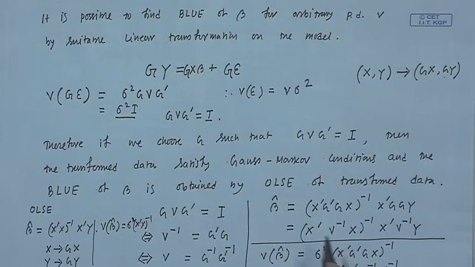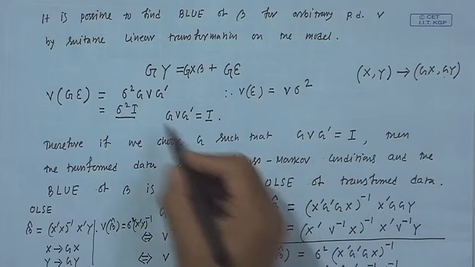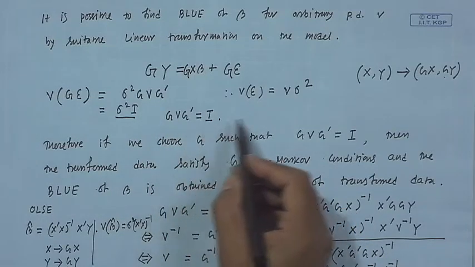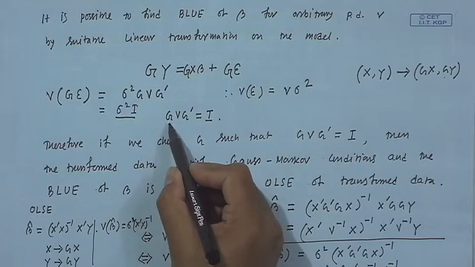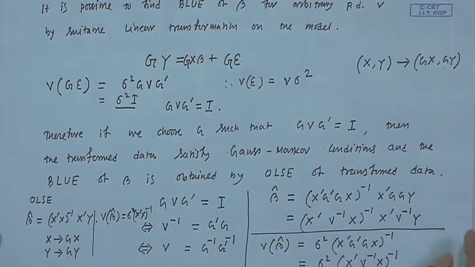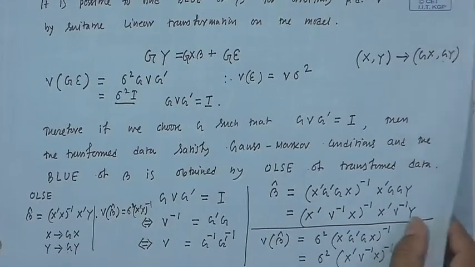Now, I still did not talk about how to get this G. We have V, and then we have to choose G such that G V G prime is equal to the identity matrix, where we know that V is a positive definite matrix.